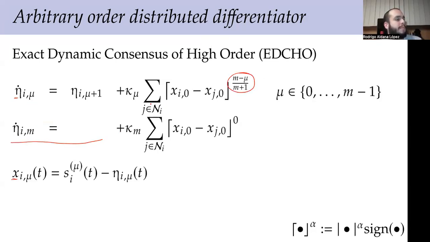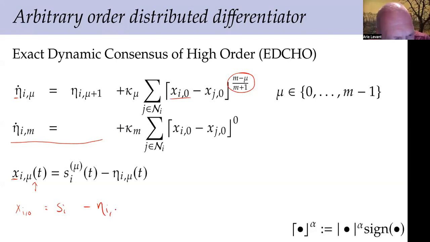This is what you implement, the equivalent version to the differentiator. If you look at this equation, xi0 will be Si. It's a definition. It's not the state of the node. Yes, so x is the state of the node, but we define it in terms of this auxiliary variable.